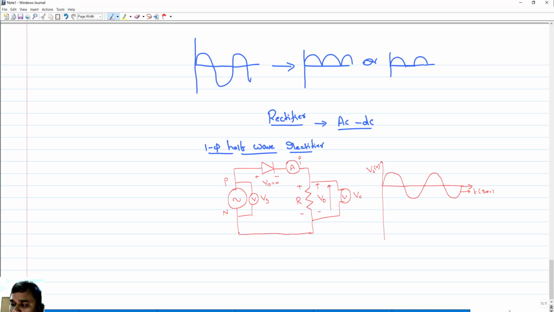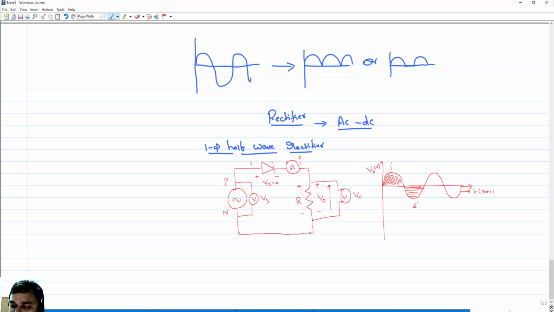Now understand this carefully. This is the positive portion and this is the negative portion. I am marking these as 1 dash and 2 dash.